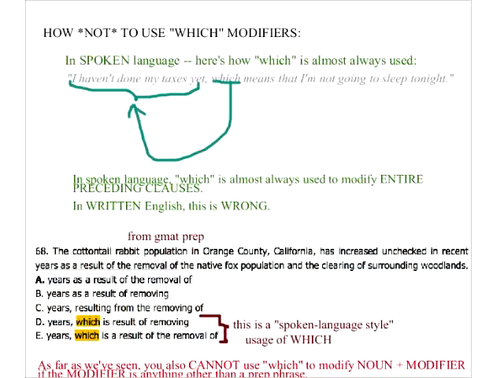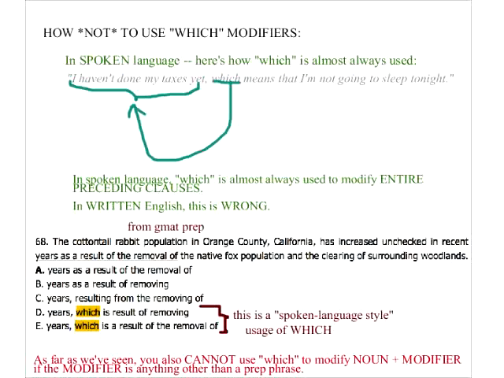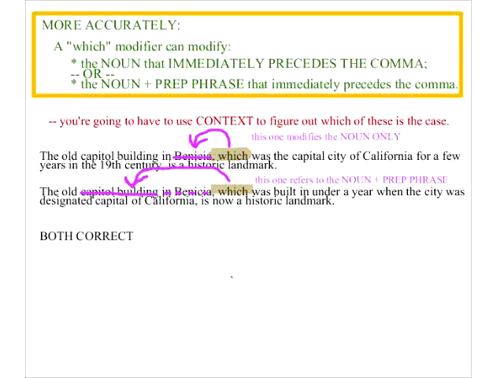That's why we are as specific, that's why we didn't just say noun plus modifier on the previous page, because it has to be this one particular type of modifier, a prepositional phrase. So other types of modifiers, not okay.